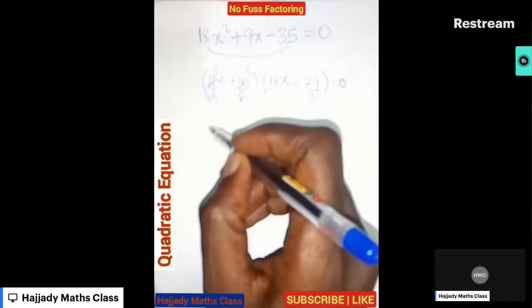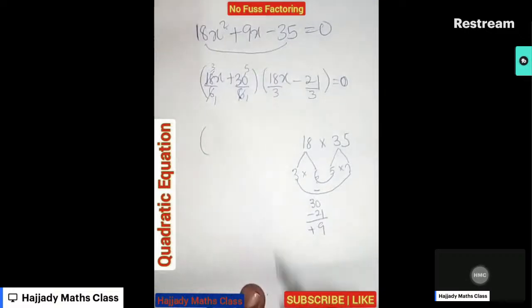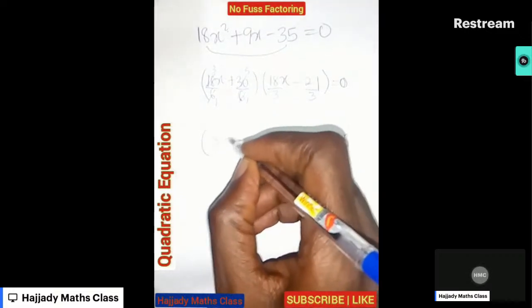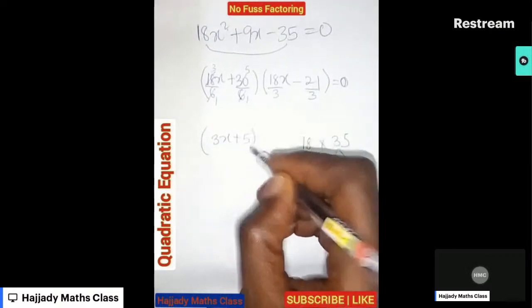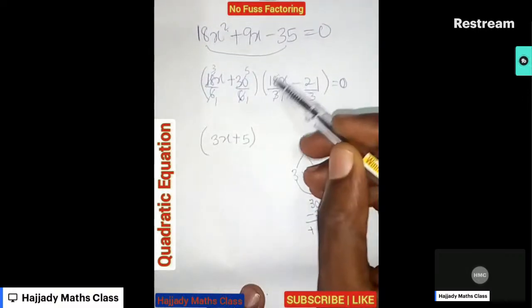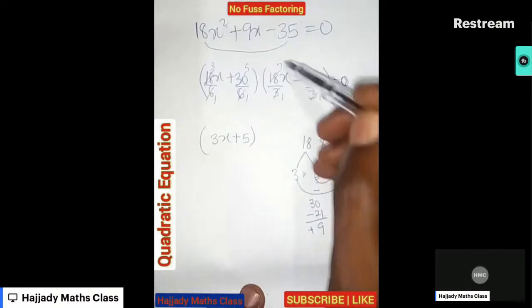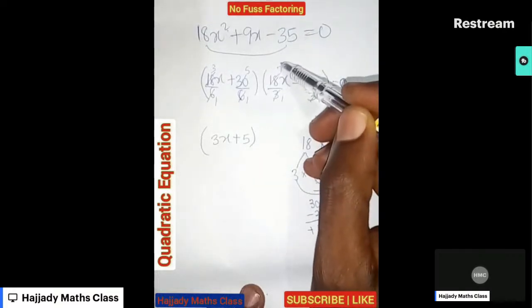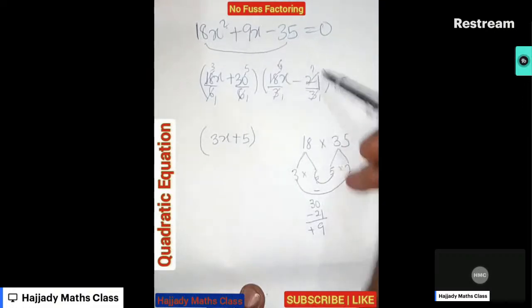So in this first bracket, we have 3x plus 5. And in this, 3 here 1, 3 here 6, 3 here 1, 3 here 7.